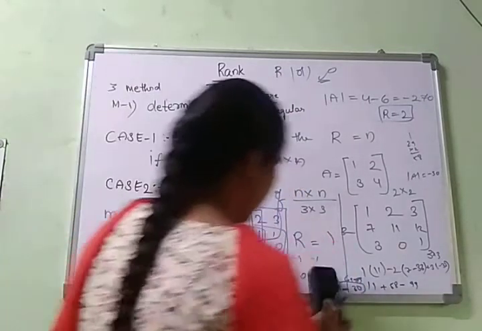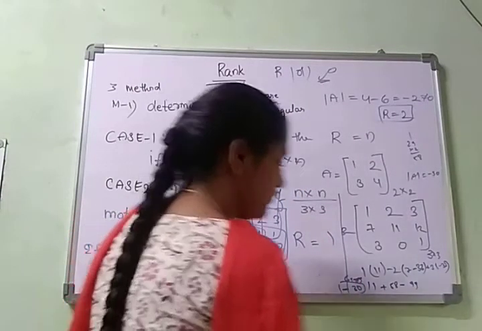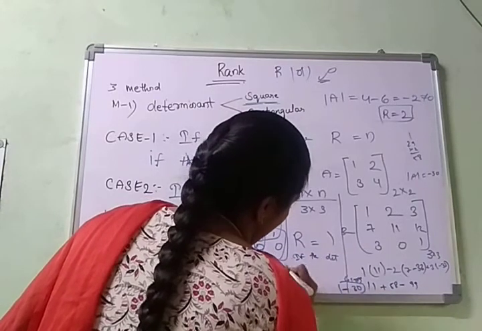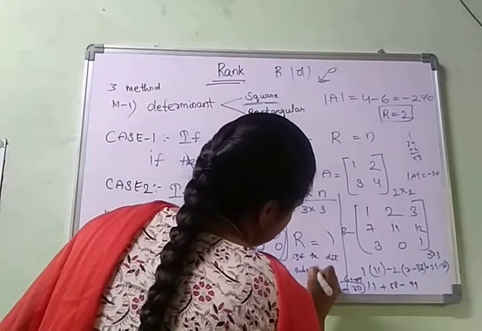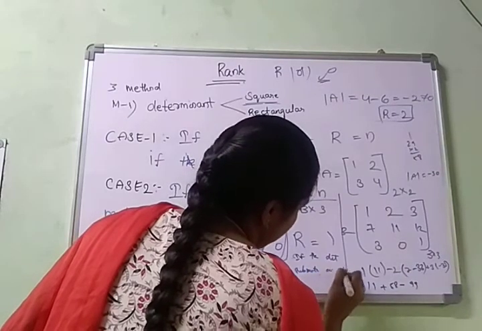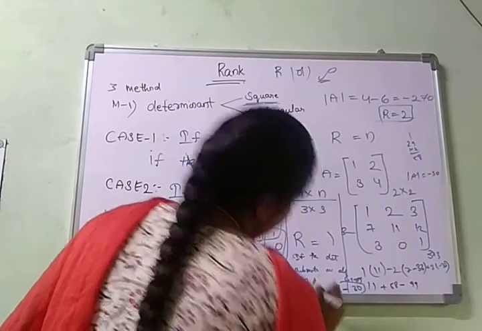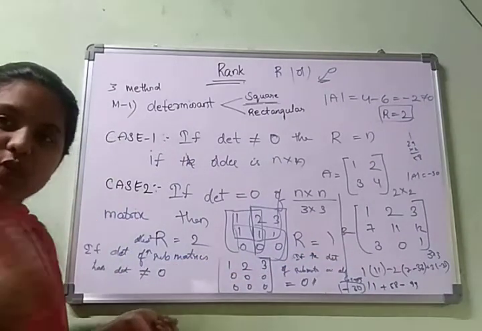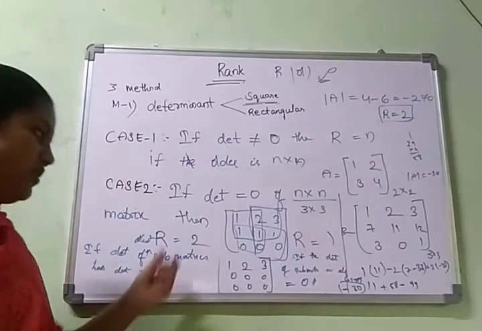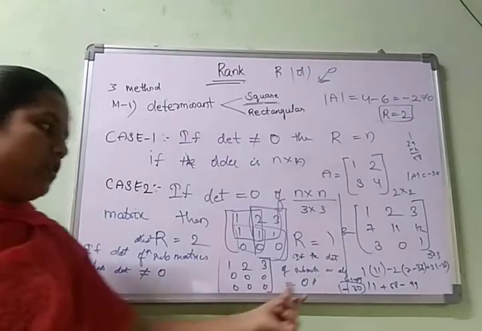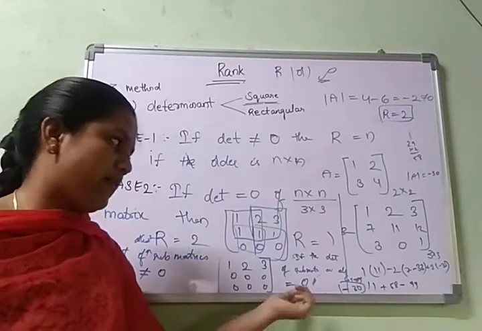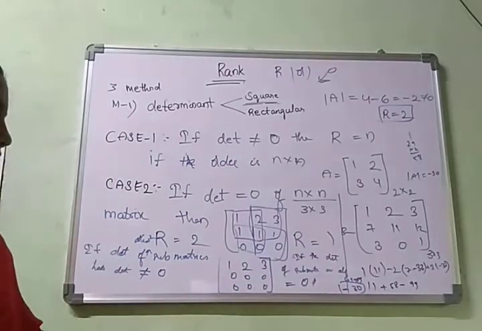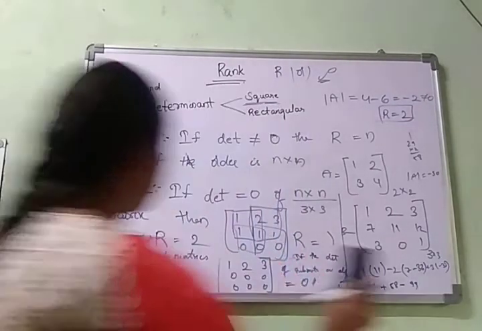So you can write: if the determinants of the submatrices are all equal to 0, then the rank is equal to 1. If at least one submatrix has a determinant not equal to 0, then the rank is 2. I think you have understood this case 2. Now let's go to case 3.